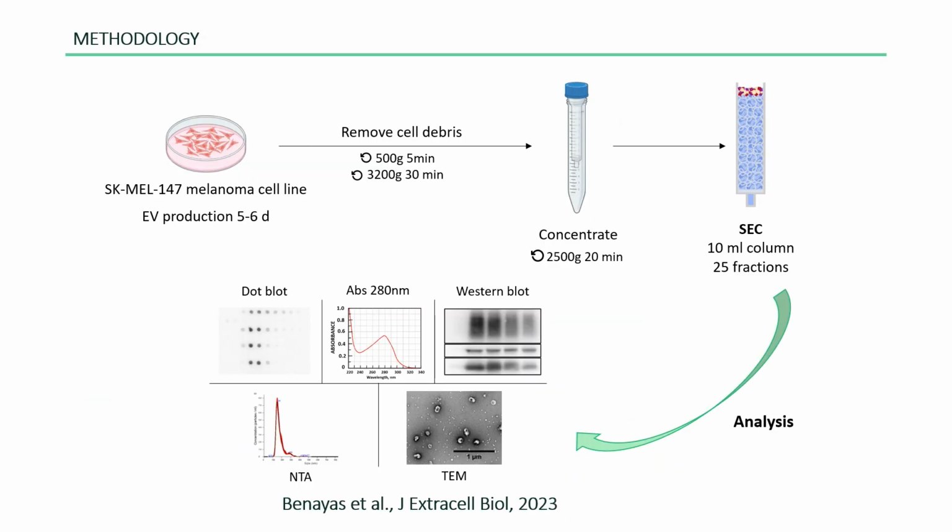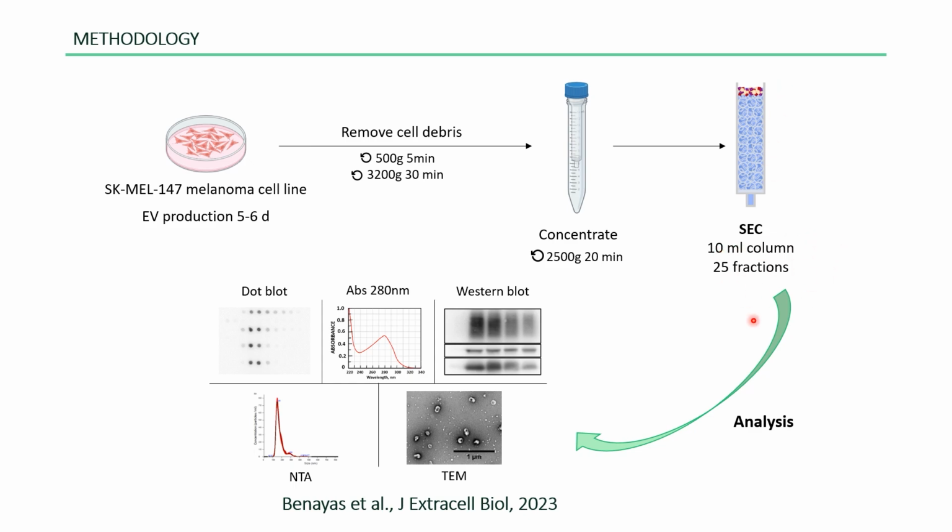Okay, so our methodology was first starting with conditioned media from a melanoma cell line. We do some centrifugations to remove cell debris, and we concentrate the conditioned media, and we perform the size exclusion chromatography with columns of 10 milliliters.